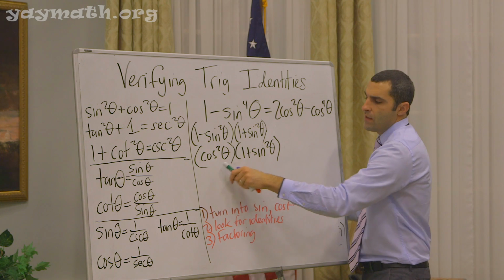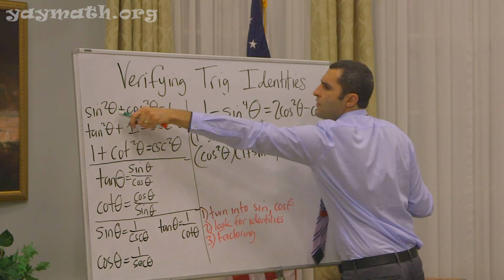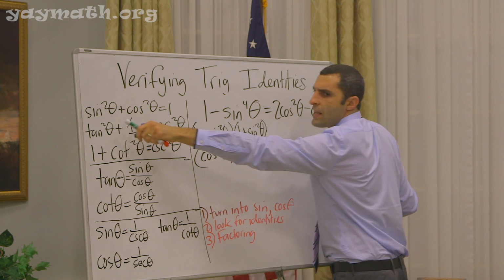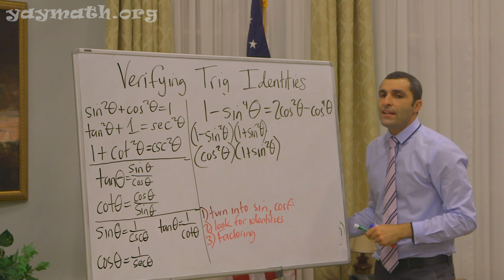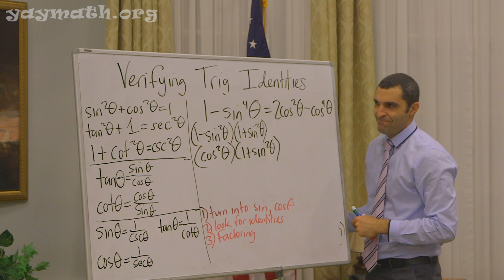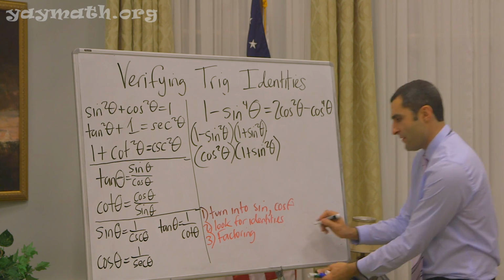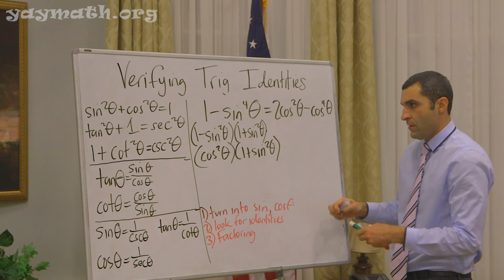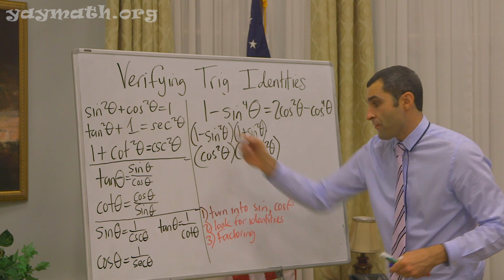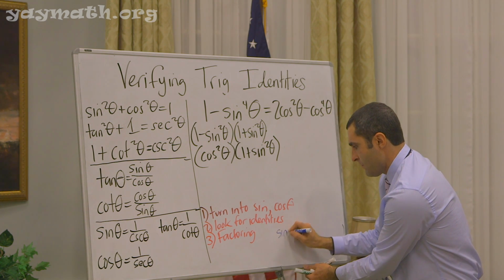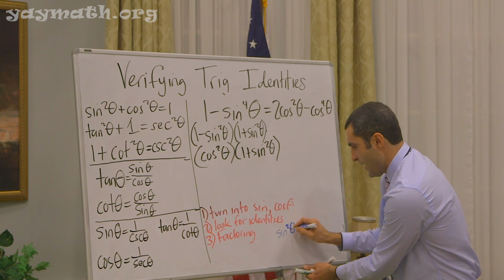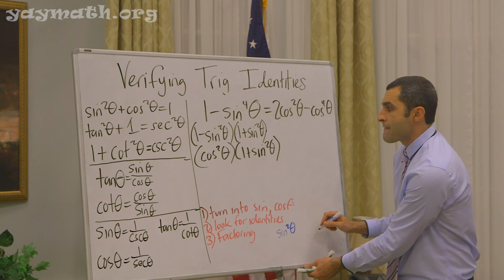Can we turn sine squared to cosine? What is sine squared written as only in cosine? You want to see it again? I'm happy to do it. It's 1 minus cosine squared.